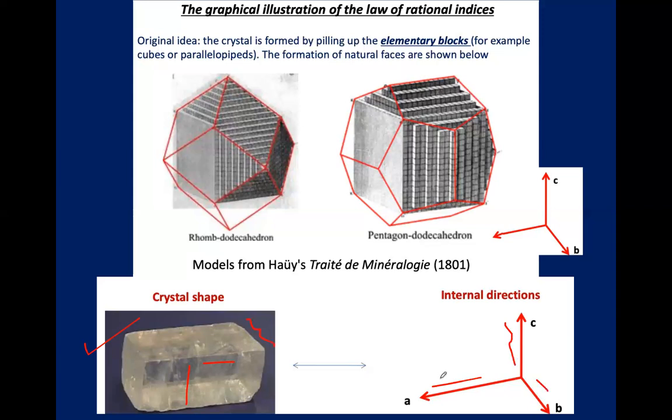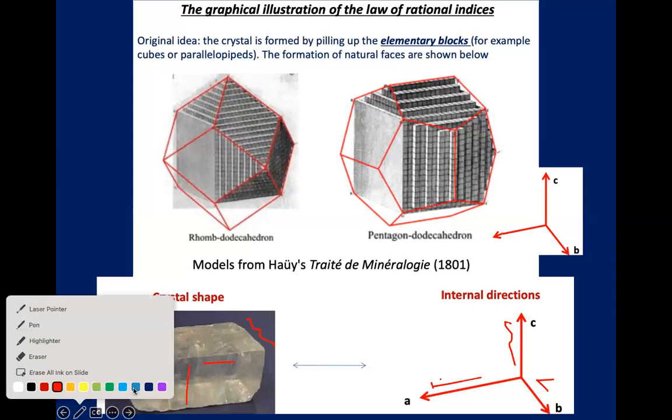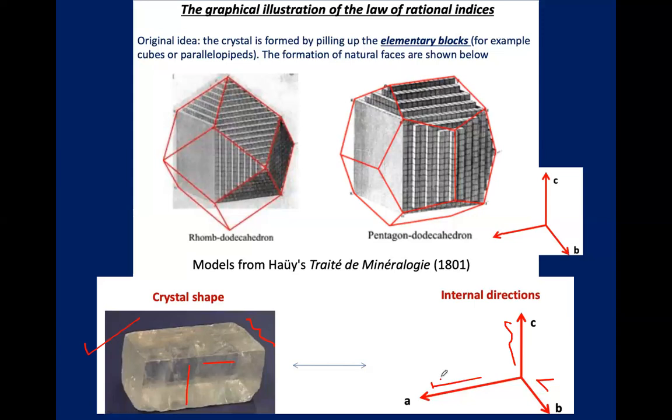The places where this crystal intersects along these axes are rational; you can make them into proportions.